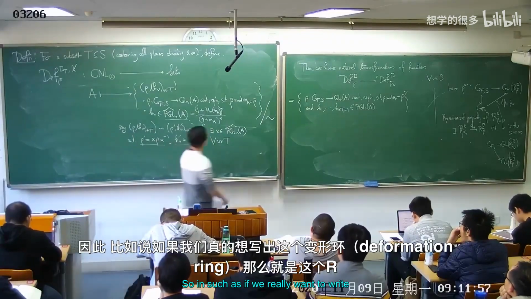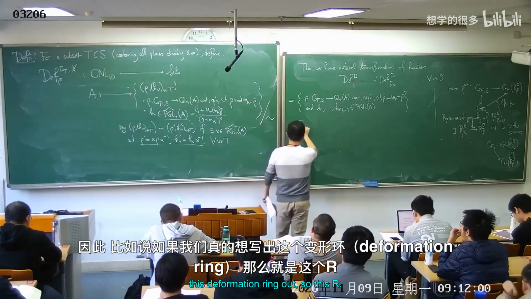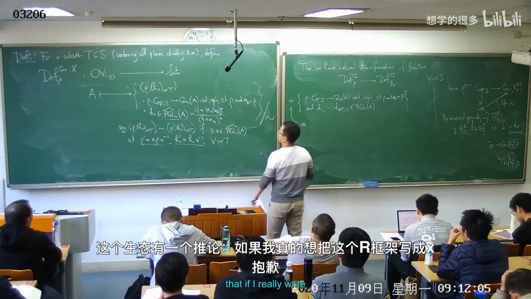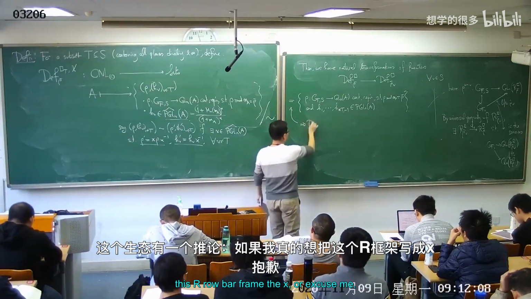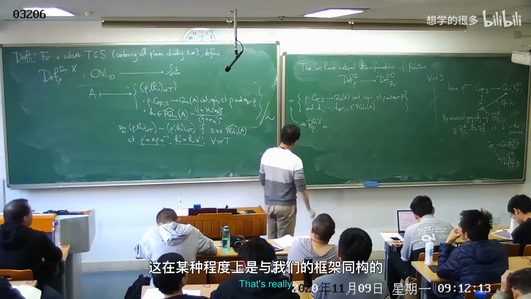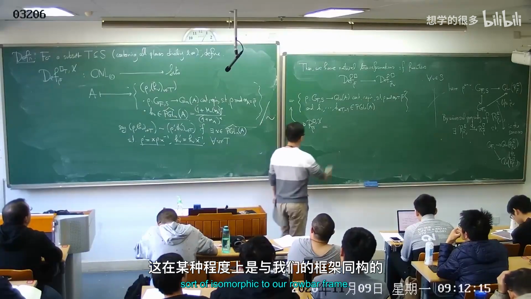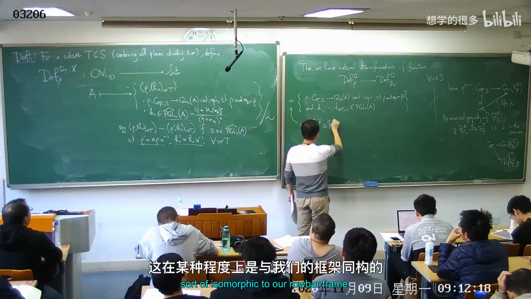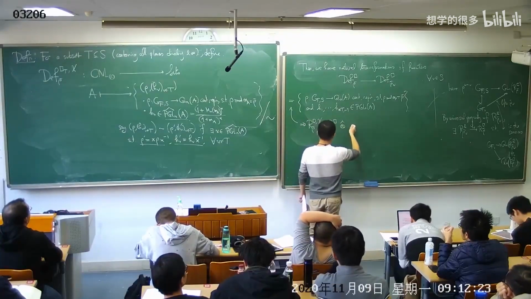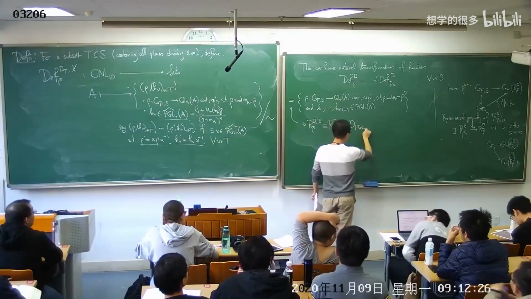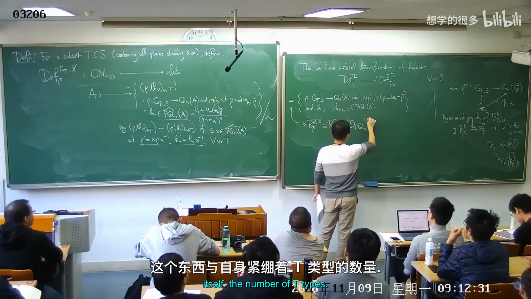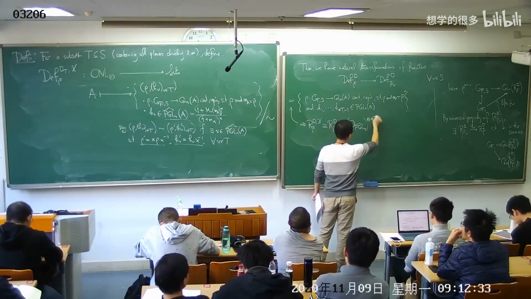So in some sense, if we really want to write this deformation ring out, this equality has a corollary that if I write this R rho bar framed chi, that's really isomorphic to R rho bar framed, completed tensor with O[[PGL_n]] formal, and this thing tensored with itself, the number of T types.